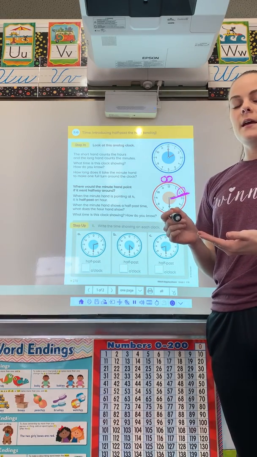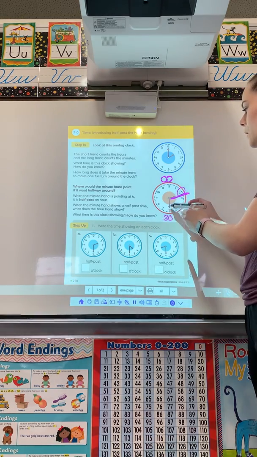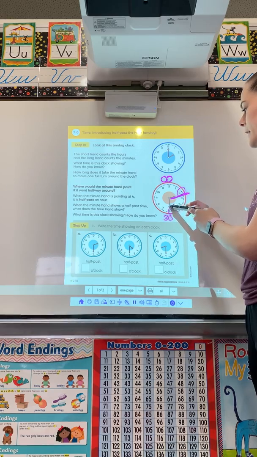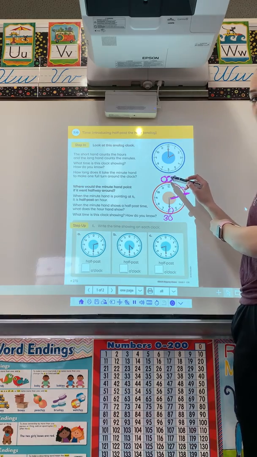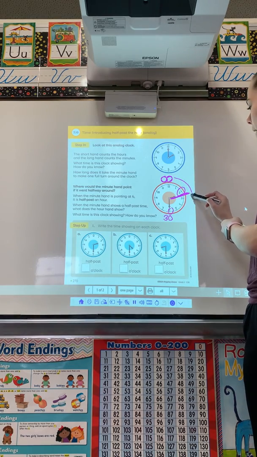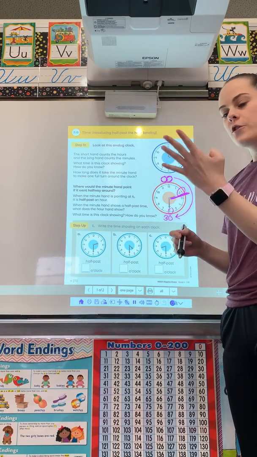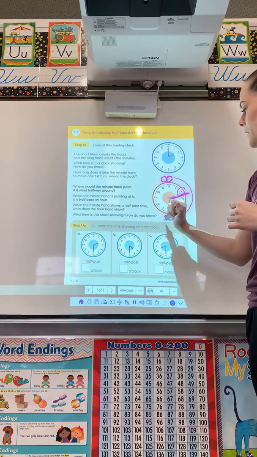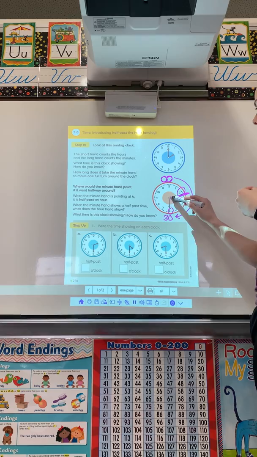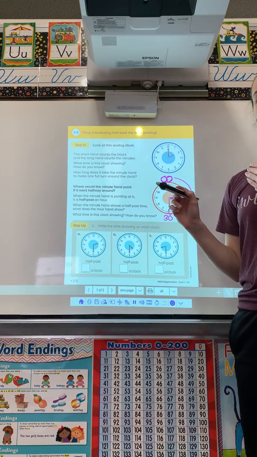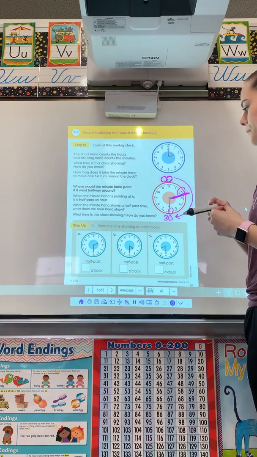The big hand is our minutes counter, and when it ends on the 6, if we count by 5s, we don't say 2 6, we say 2 30, because if we count all the way down to the 6, 5, 10, 15, 20, 25, 30, I counted 6 times, that's 30 minutes. So to read this time, I would look here, it's not to the 3 yet, so we're still in the 2 o'clock hour. It's 2:30.